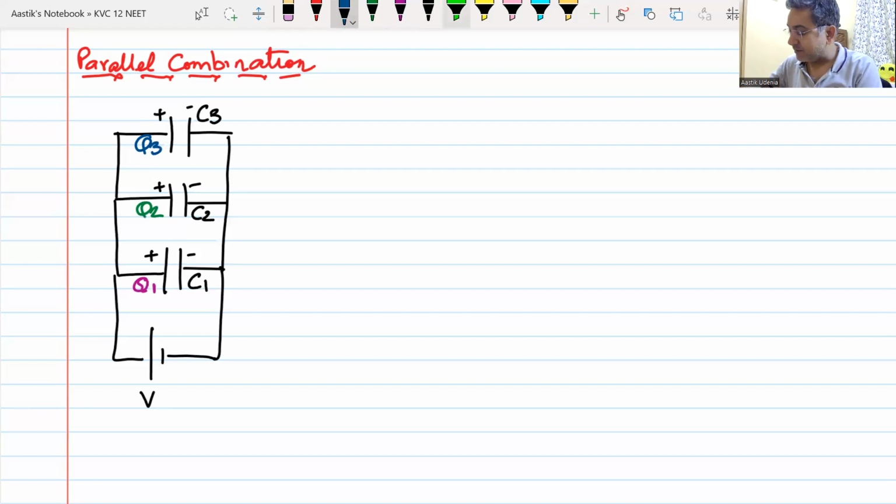I have just named them differently. The first capacitor I will call the pink one, the second the green one, and the third the blue one. Everyone understands this till here?